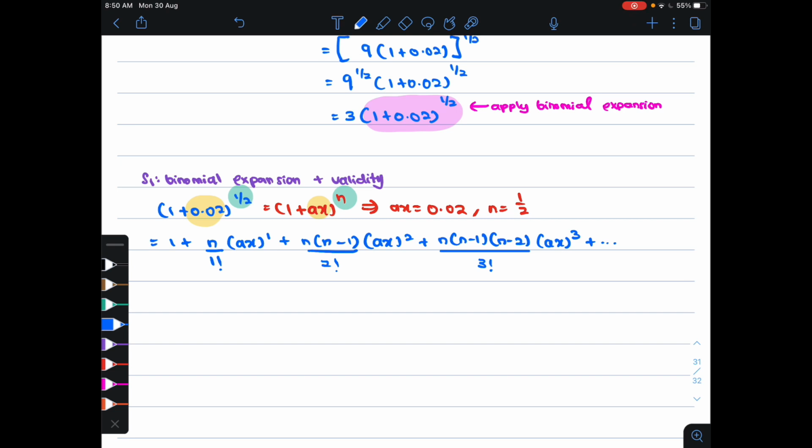Since the question doesn't specify what term that we need to expand up to, so just stick with 4 terms. So now just substitute ax and n into this formula.